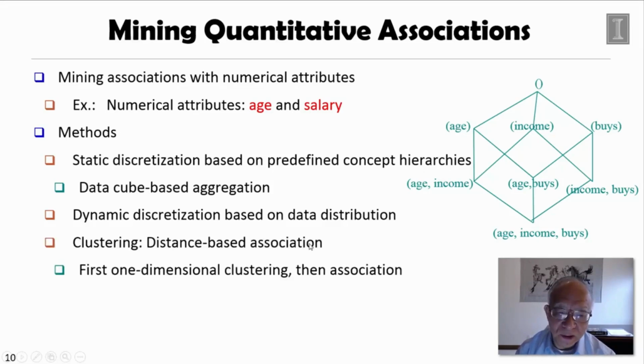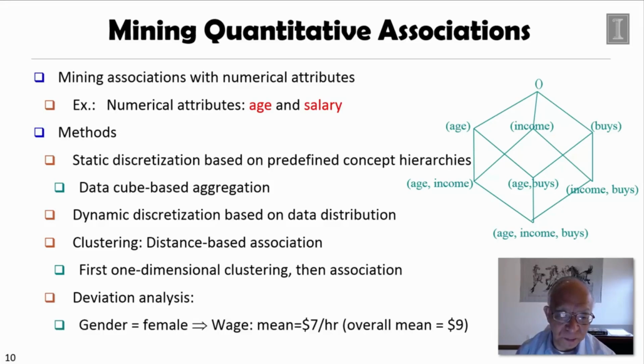So another way is we do clustering based on data. That means we take every dimension, we study their distribution of the age and income, we perform certain clustering algorithm, generate a few clusters, and then we find the pairwise frequent pattern of each such clustered pairs. Then finally, there's also a popular way, which is to do deviation analysis.